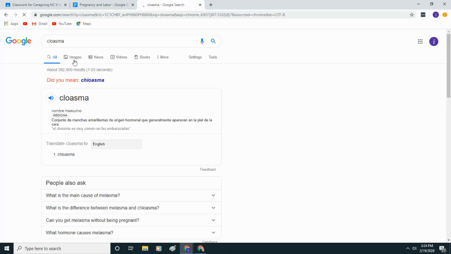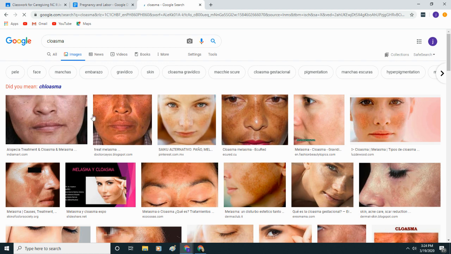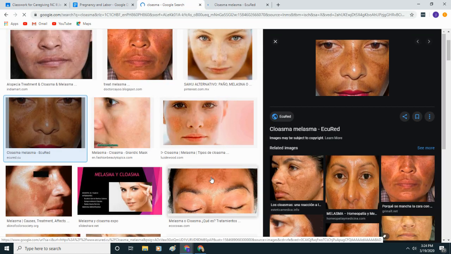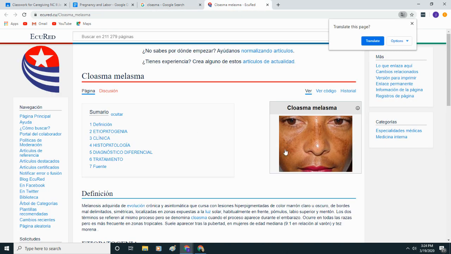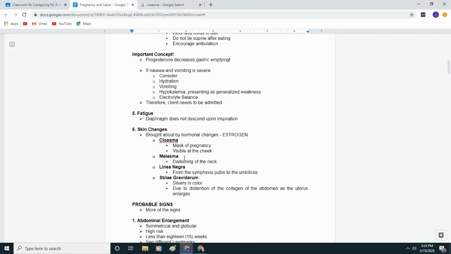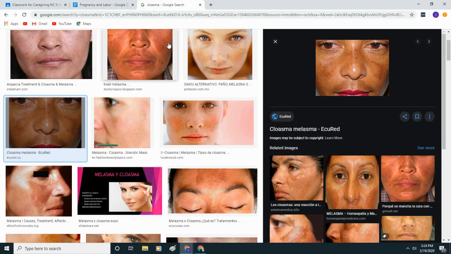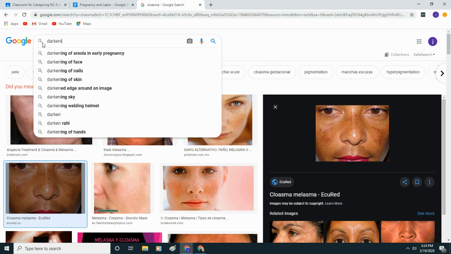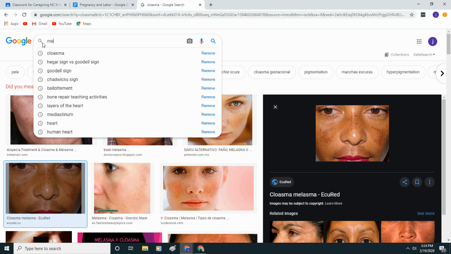This is what chloasma looks like. There is brownish discoloration in the face because of estrogen. Then melasma, darkening of the neck. Melasma.